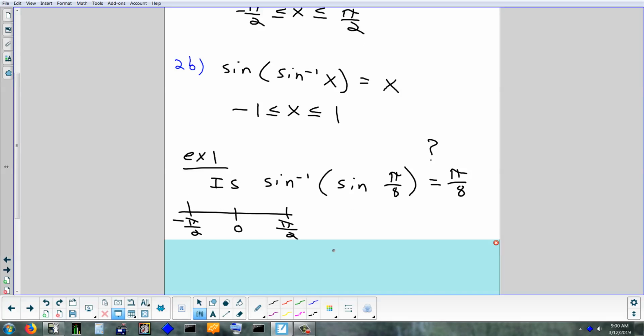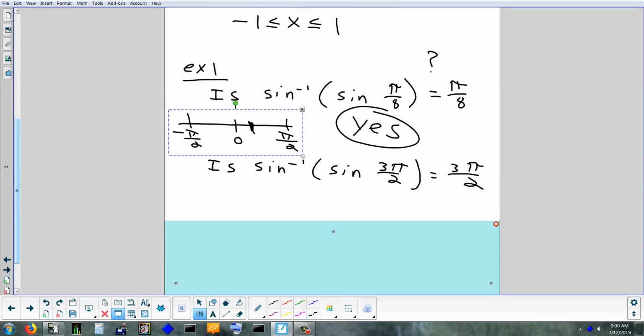Right. Pi over 8 is smaller than pi over 2. Think of 3 divided by 8. That's smaller than 3 divided by 2. So it might be somewhere right there. It's still positive, but the point is, it is between negative pi over 2 and pi over 2. So will that work if you were to type it in? Yes, it will. So the answer here is just yes. That would work.